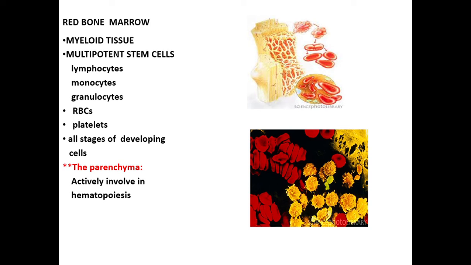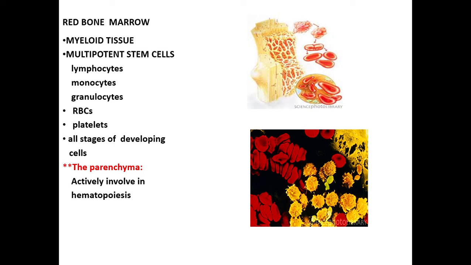Let's go first into the myeloid tissue division of the red bone marrow. In this division, we have different types of cells which are considered to be multipotent stem cells or precursors. We have the lymphocytes, the monocytes, and the granulocytes, together with the red blood cells, the platelets, and all stages of developing cells.